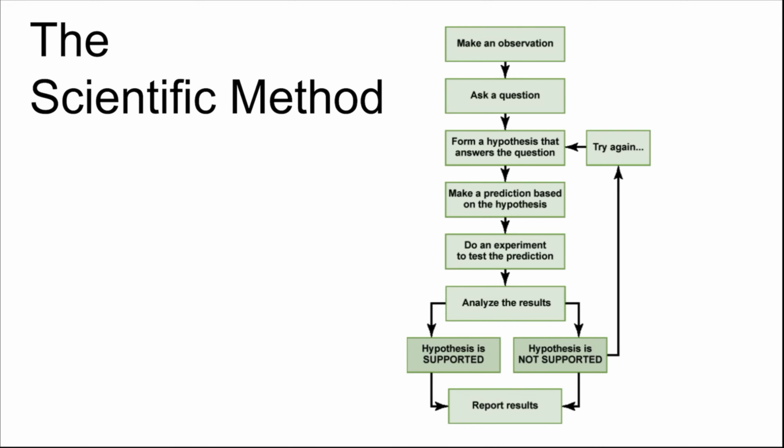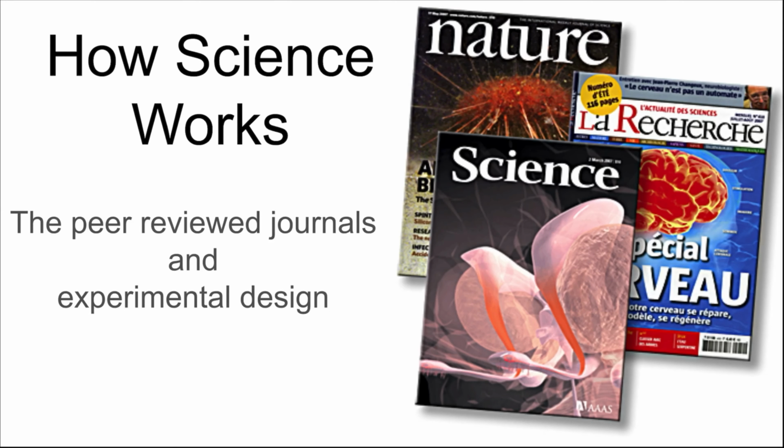When you do have these results and you want to report them, you report them in a peer-reviewed journal. And there's a lot of different peer-reviewed journals, and these are different than what you typically find in the news. So a newspaper is not peer-reviewed. A lot of what you read, let's say you go to Google News and you read something on BuzzFeed, that is not peer-reviewed primary literature.